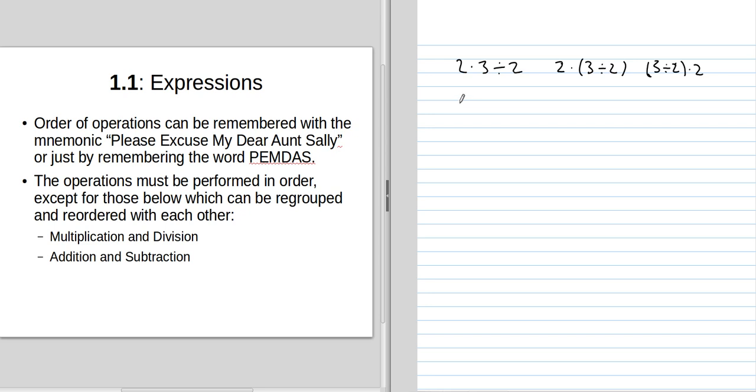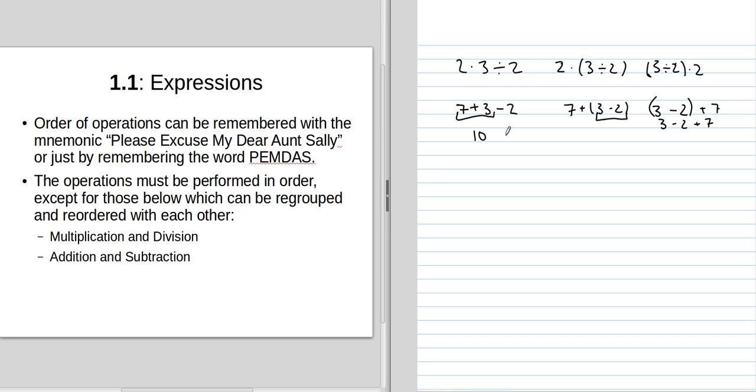Same with addition and subtraction. We're familiar with this. 7 plus 3 minus 2 is the same as 7 plus (3 minus 2). That's the same as 3 minus 2 plus 7, which we can also write this way. And those are all the same value. So the order that we evaluate in is not always critical. 7 plus 3 is 10.